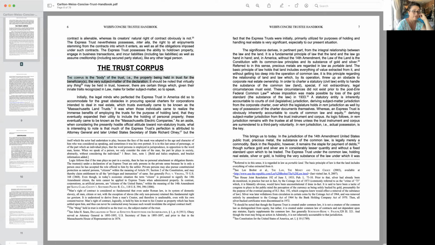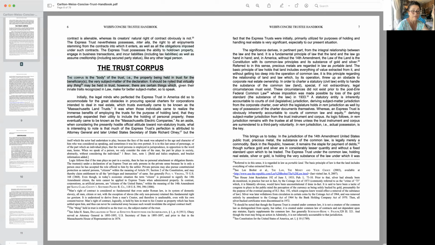Example, the property being held in trust for the beneficiary, the very subject matter of the declaration. That's my car, it's in a trust. That's my house, that's my dog, that's my child or offspring. I put it in the trust.